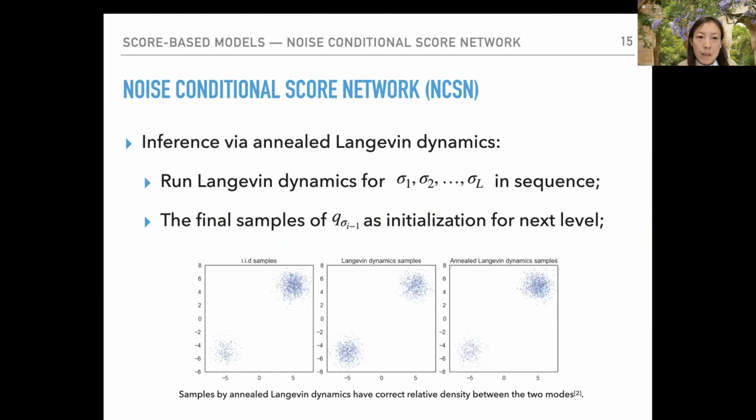So we can use annealed Langevin dynamics sampling. It follows two steps. It runs Langevin dynamics for different scales of noise in sequence, and for the next iteration, it uses the final sample of the last iteration as initialization of the next sample. So we can see from the results, it can learn the relationship between the two different distributions.